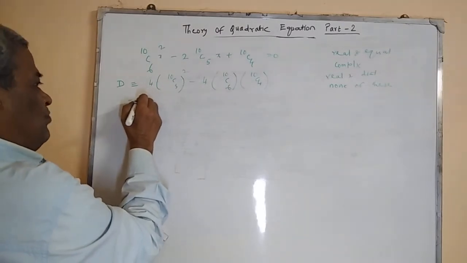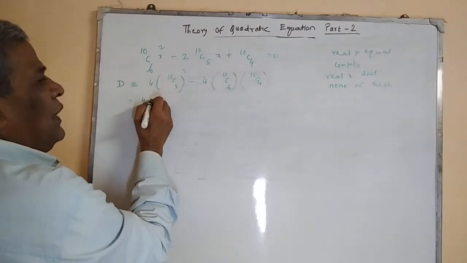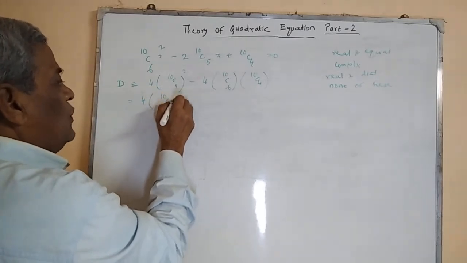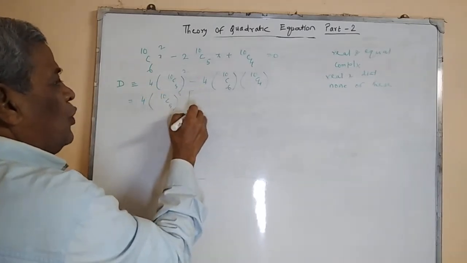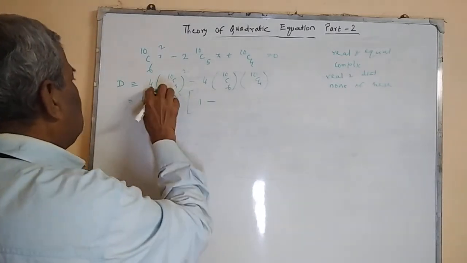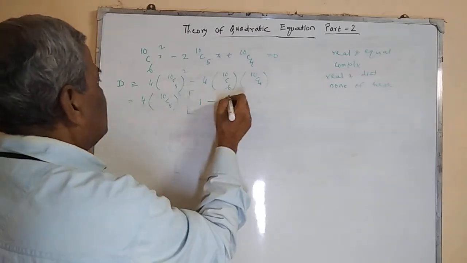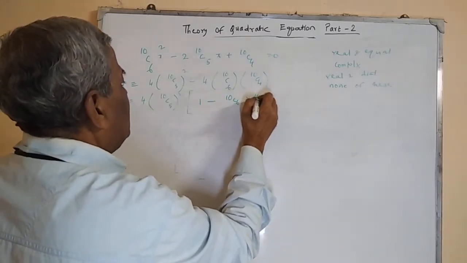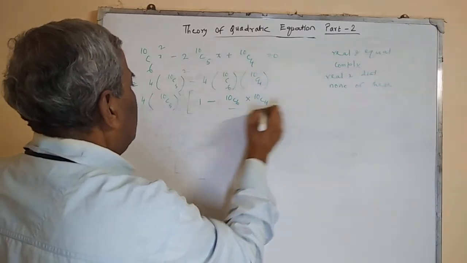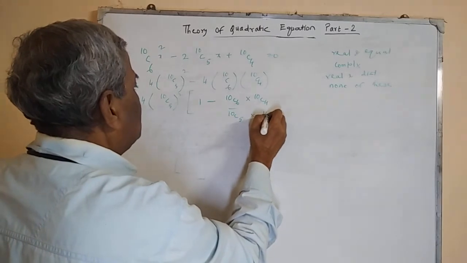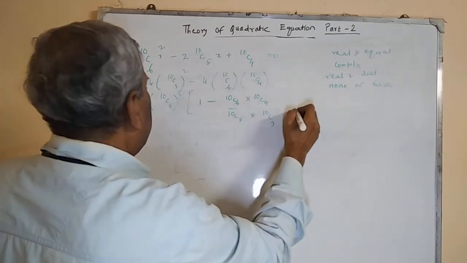So 4 can be taken common, and 10C5 whole square can also be taken common. The thing left is 1 minus 10C6 into 10C4 by 10C5 into 10C5.